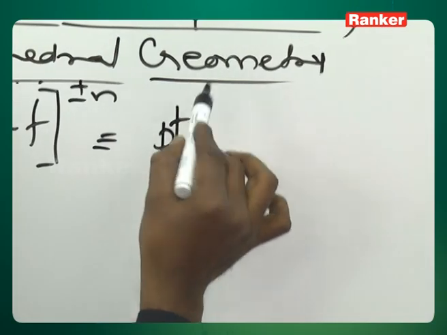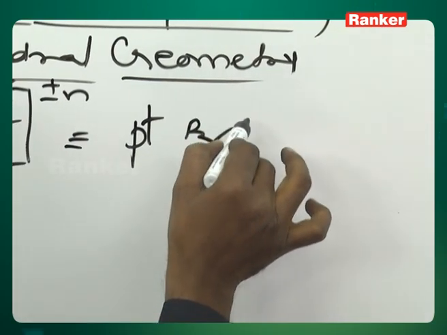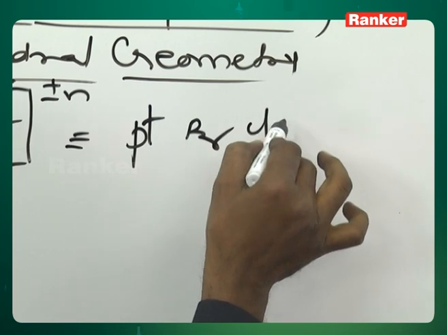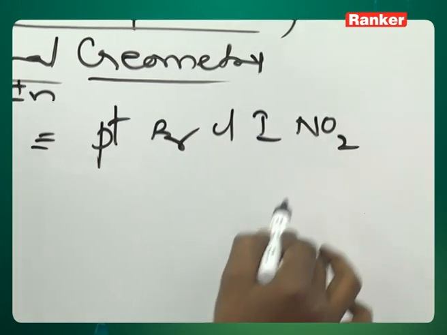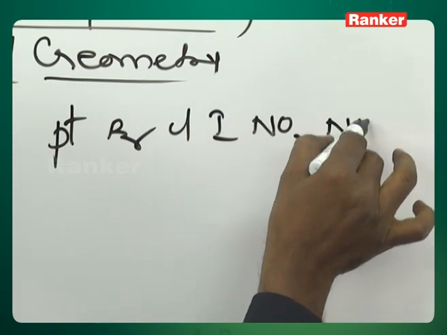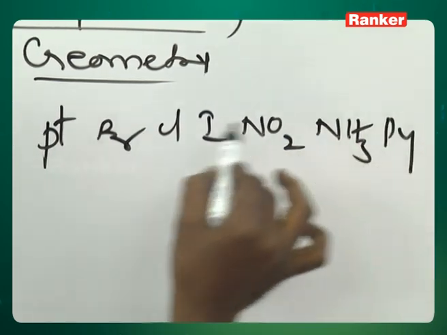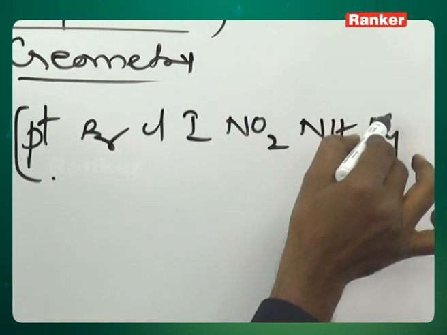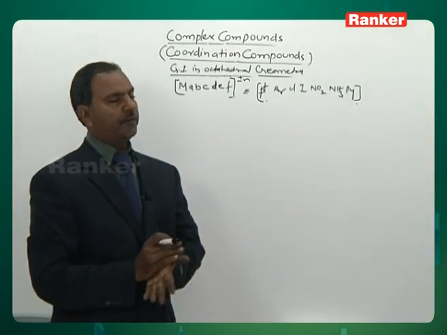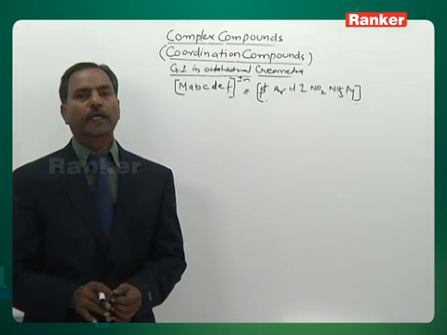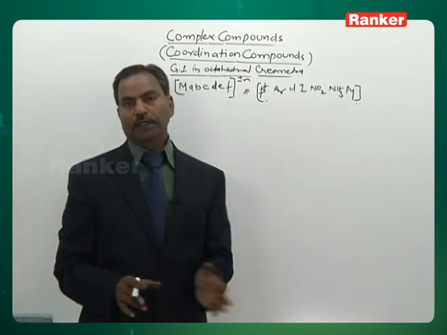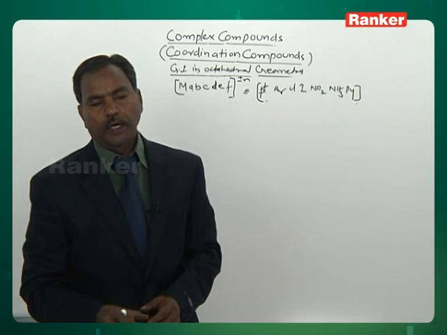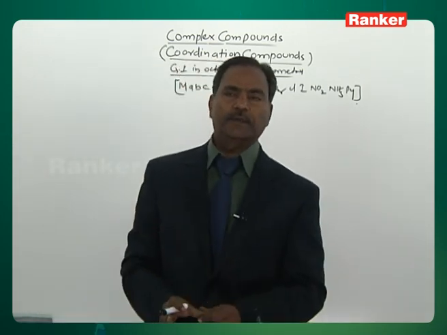You can take a platinum complex: Cl, Br, bromide, chloride, iodide, nitro, amine and pyridine. So this is MABCDEF, 6 ligands are different. For this particular MABCDEF, all the 6 ligands being different, a total of 15 geometrical isomers are possible.